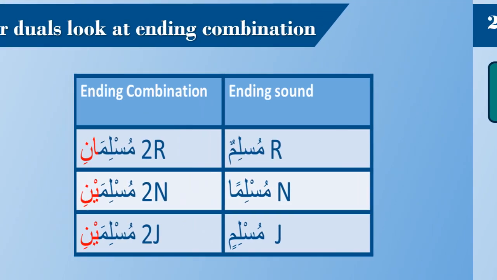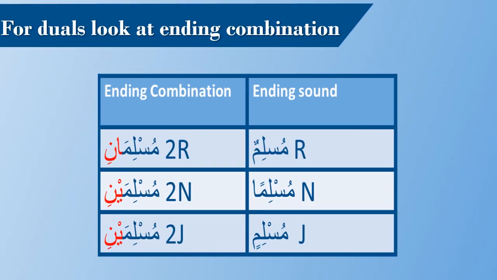If you have a singular noun, then it's very easy to make the dual form. For example, muslimun, we simply add alif and noon with kasra at the end, and the word becomes dual in rafa form. From muslimun, it becomes muslimani. So this combination of alif and noon is what we look at to recognize whether it is rafa, nasb or jar.